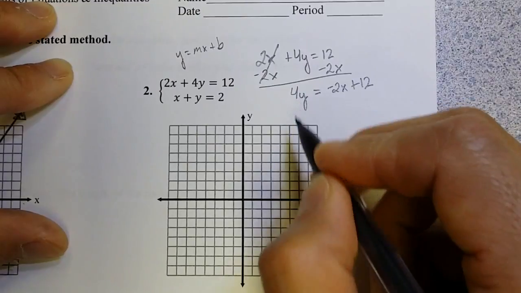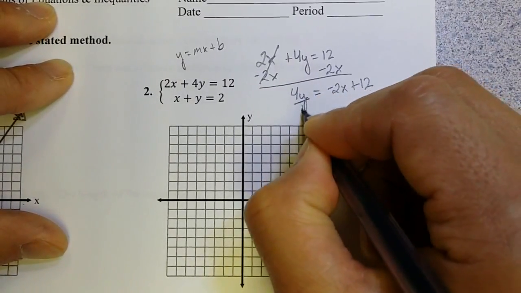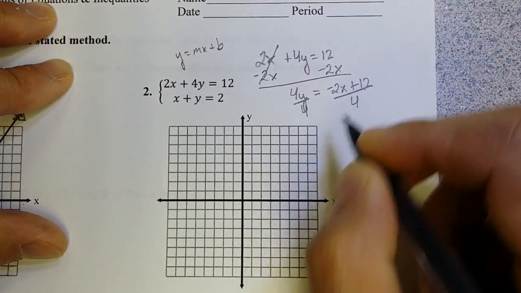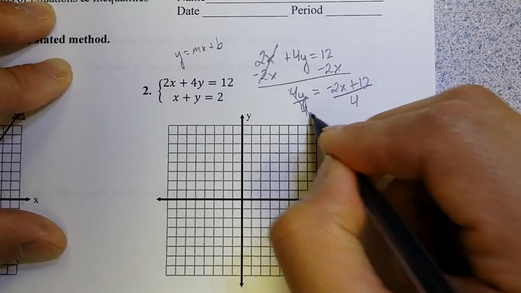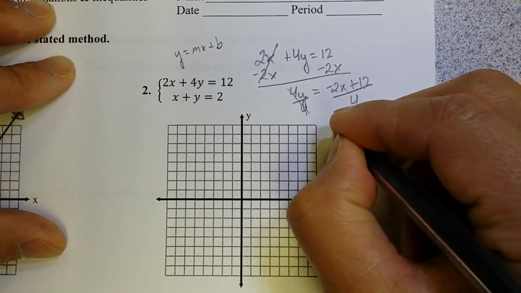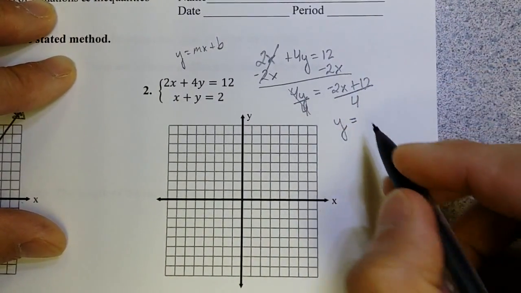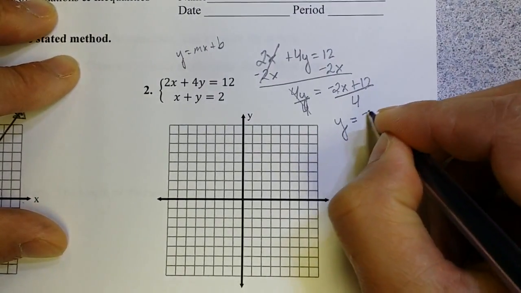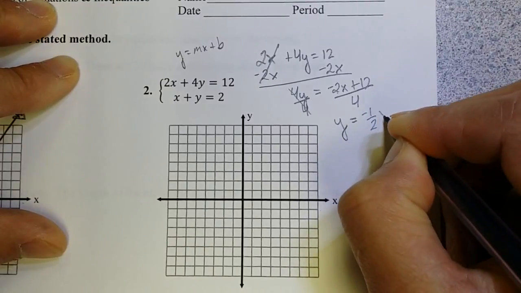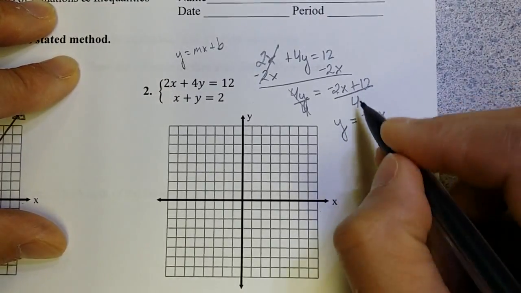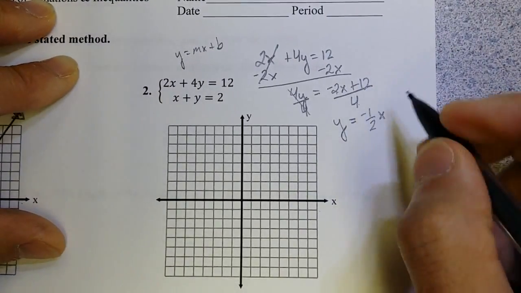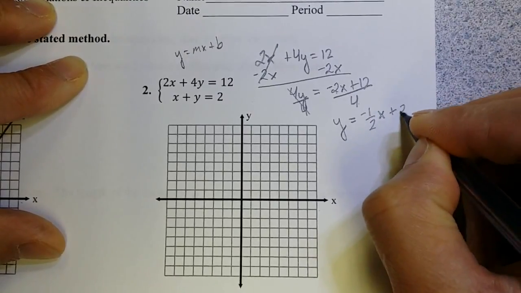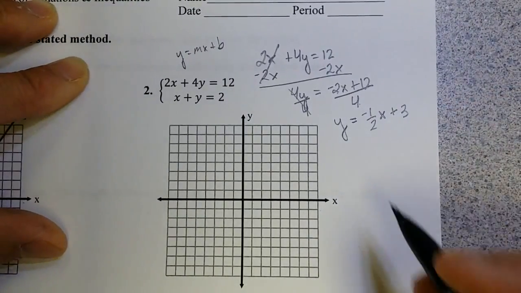Now to get the y by itself, I divide both sides by 4. 4 divided by 4 cancels out. I get y equals negative 2 divided by 4, that gives me negative 1/2 x. 12 divided by 4 gives me a positive 3.